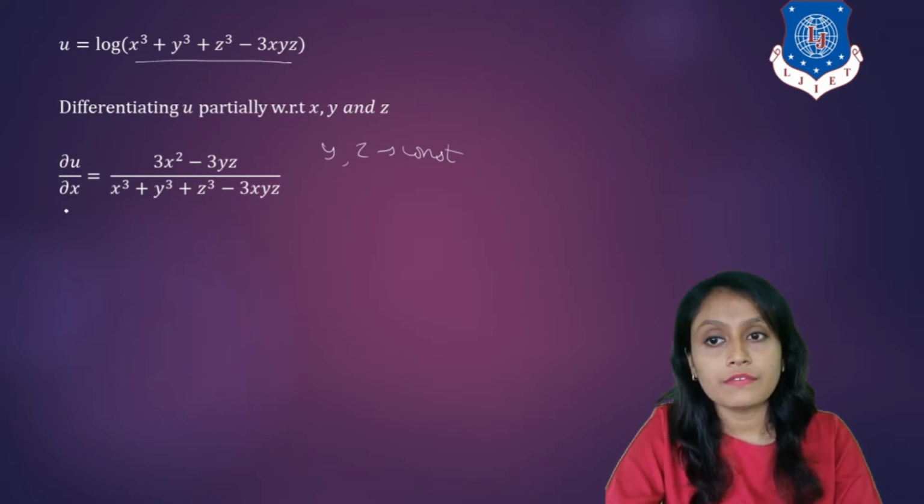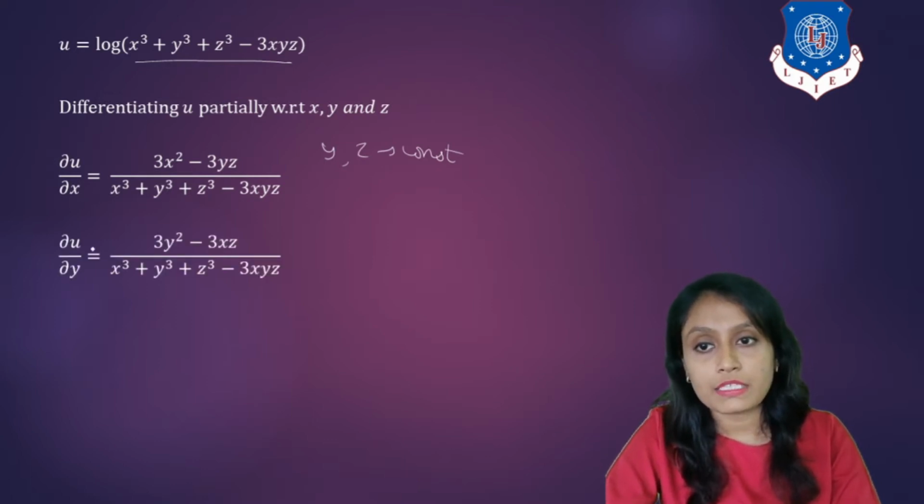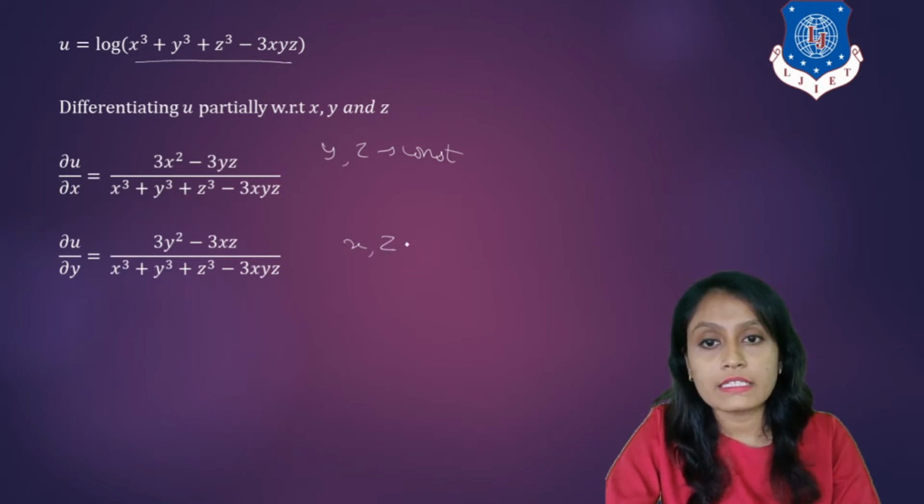Here we have taken the derivative with respect to x. Next, ∂u/∂y, that is the derivative of u with respect to y, keeping x and z constant. So here you will get 1/(x³ + y³ + z³ − 3xyz) into the derivative with respect to y.